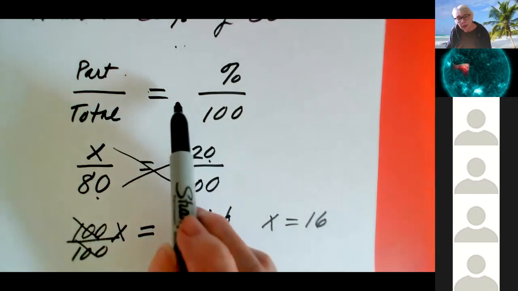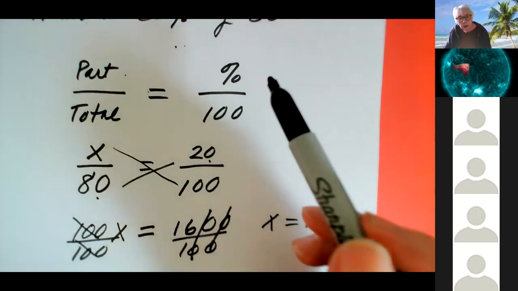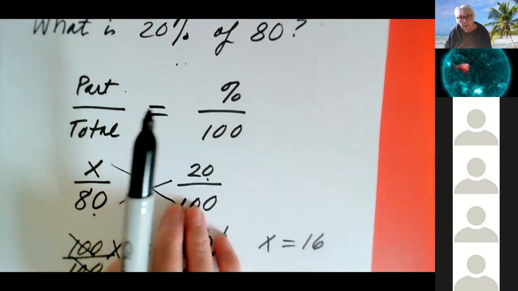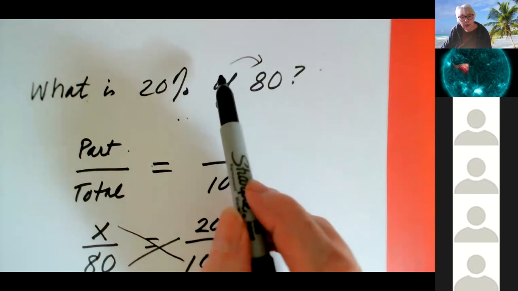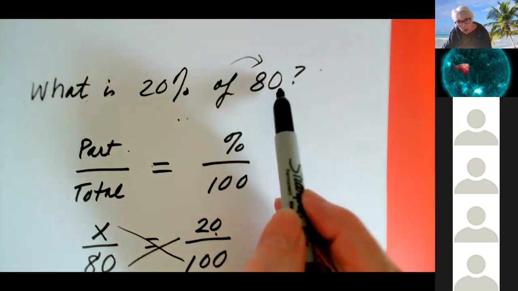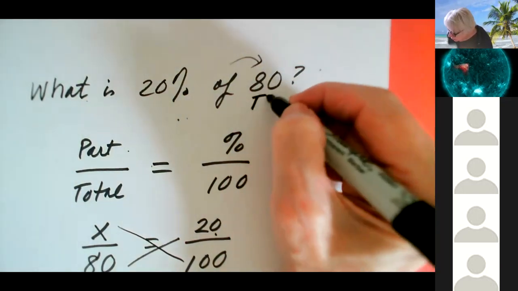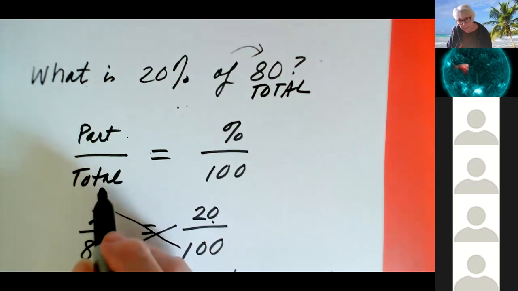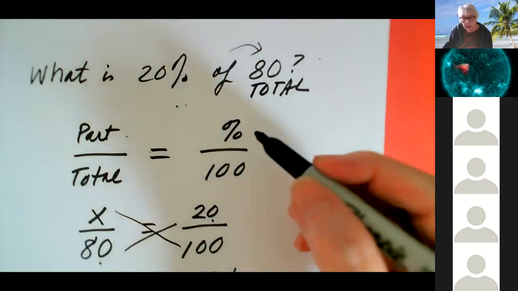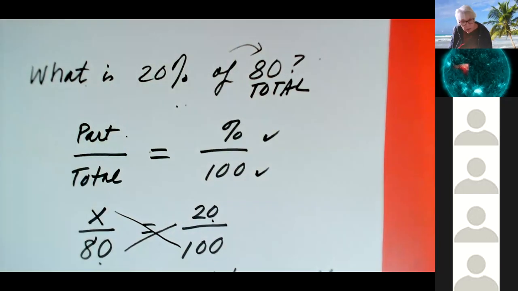But we do have this skill of proportions. And if you remember that after the word of, in every case with these basic problems, is the total, and the total goes on the bottom, then I think you can absolutely locate the percent, and it's always over 100. So this is a legitimate method.